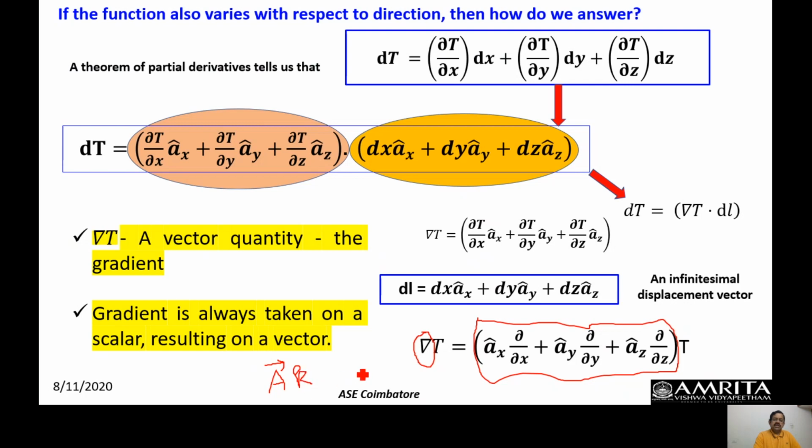So k is a scalar function. This also can be written as, I can put the k up front and then put the function like this.